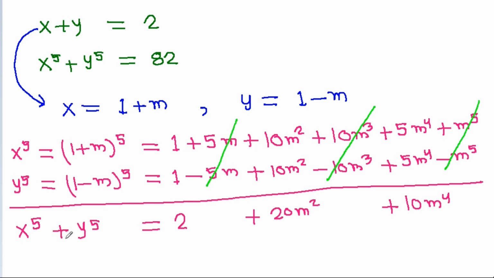And x power 5 plus y power 5 is 82, is equal to, and here we can take 2 common, and we will get 1 plus 10m square plus 5m power 4.